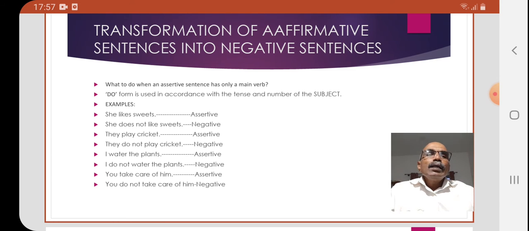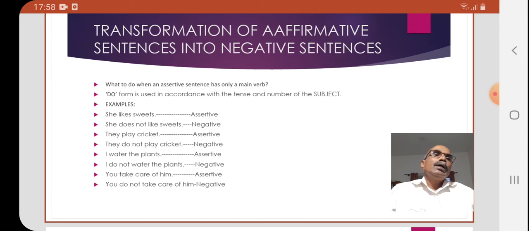Similarly, they play cricket. They play cricket, an assertive sentence. When we change it into negative, it will be like they do not play cricket. In the sentence, they play cricket, play is in present tense form without any affixes because they is third person plural.